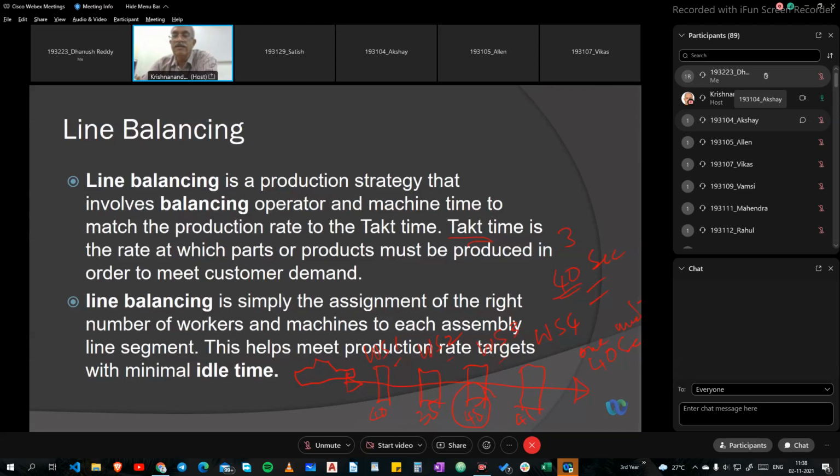That slogan always works: divide the work, multiply the output. Here we took the example of our Henry Ford, right?